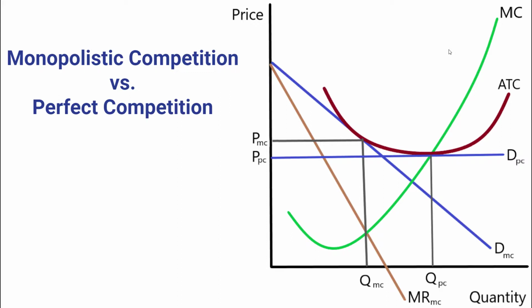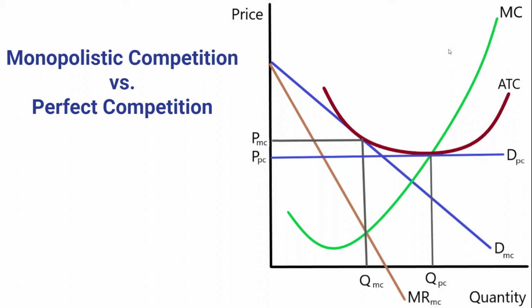We've established that in a long-run equilibrium for a monopolistically competitive firm, the quantity occurs where marginal revenue equals marginal cost, and the price is given by P sub MC. So the competitive outcomes are a quantity of Q sub PC and a price of P sub PC, and monopolistically competitive outcomes would be Q sub MC and P sub MC.